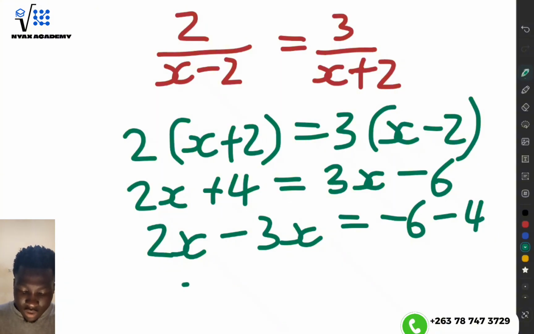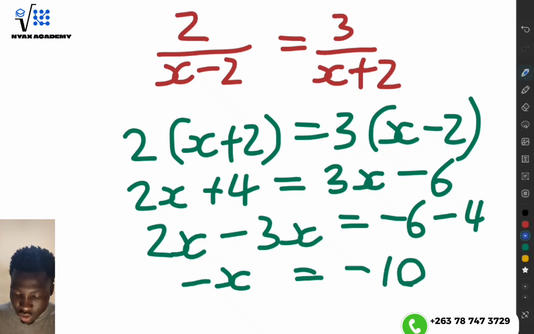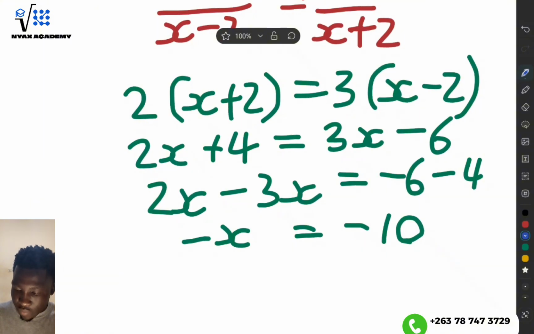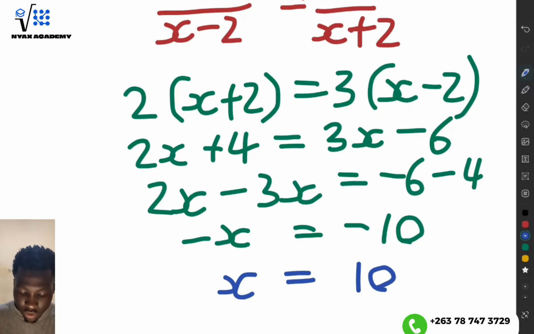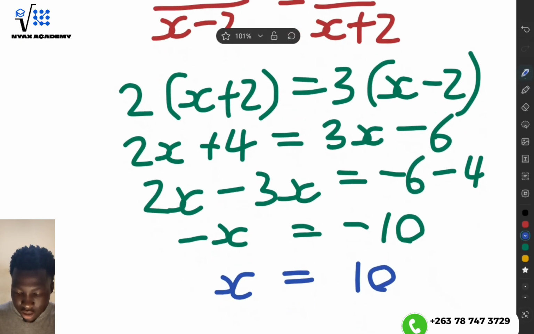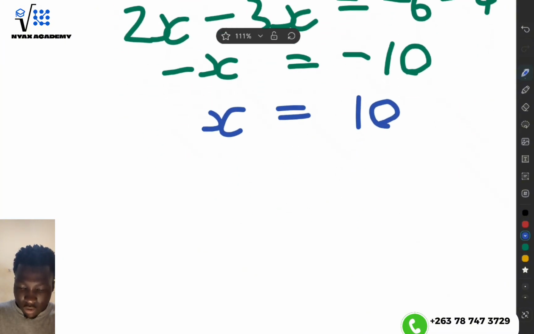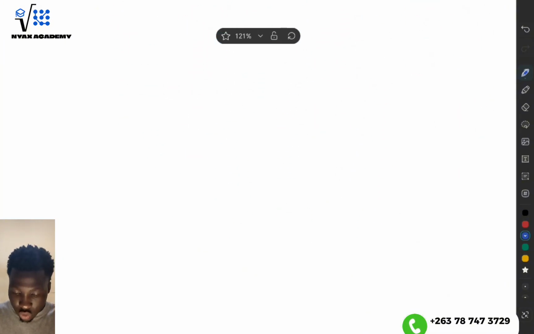So 2x minus 3x we get negative x, equating to negative 6 minus 4, which is negative 10. Then negative 1 divided by negative 10 is 1, and so our solution is x equals 10. So we have solved our first equation and so let's move on to the next.